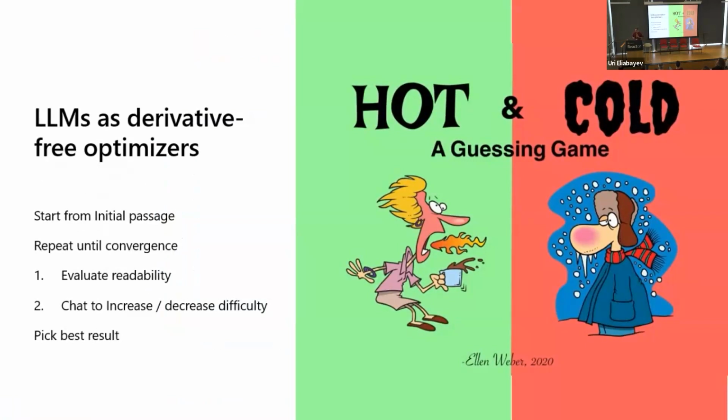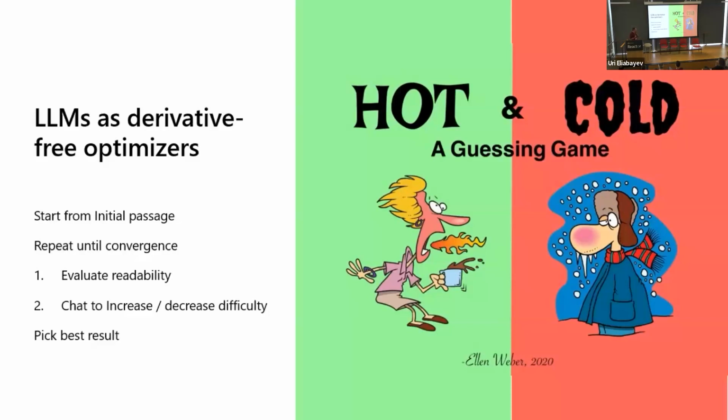We tell the model, using in-context learning in the prompt, please generate a text that's appropriate for this grade level. Then we measure whether or not the model was successful using these readability metrics. And we repeat until convergence.